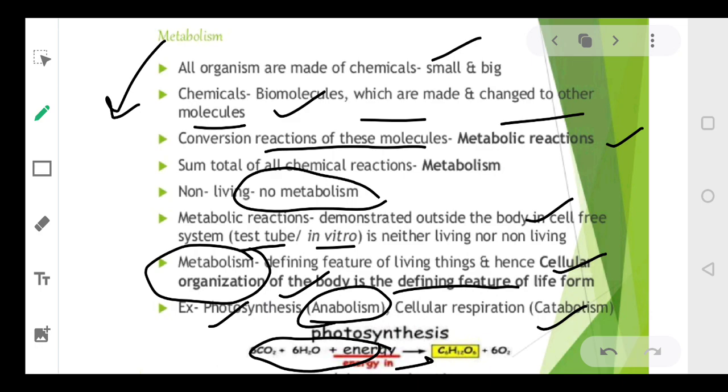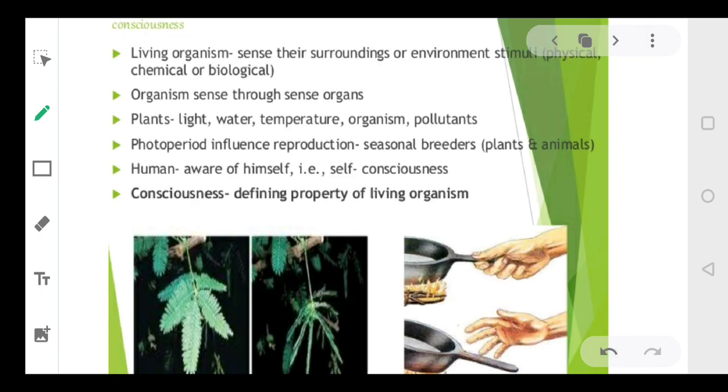Okay, dear students? Coming to the next, consciousness. This is a feature. Consciousness means how conscious we are in terms of the environment, how all living organisms are able to detect what is happening in their surroundings.